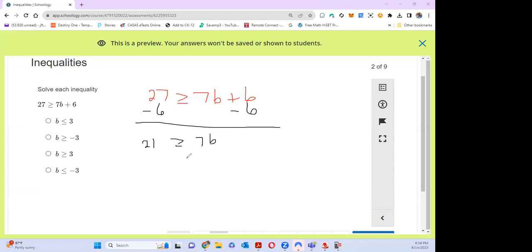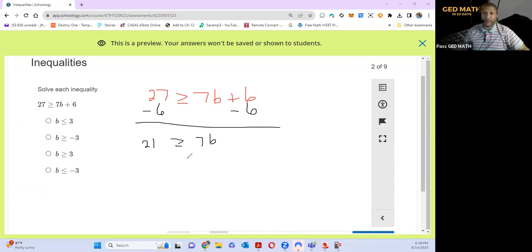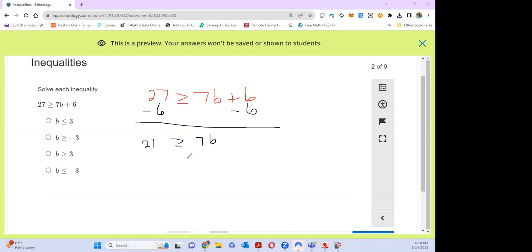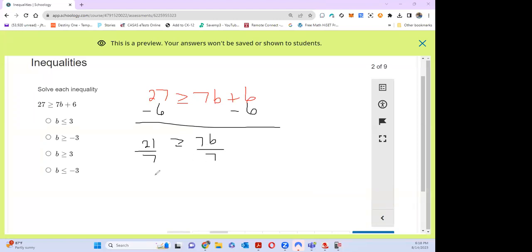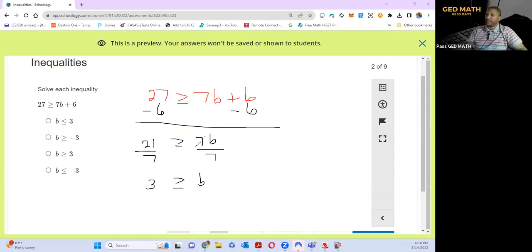So now I got 21 is greater than or equal to 7b. You should be asking yourself, b is still not by itself. How can I get b by itself? b is being multiplied by 7. What's the opposite of multiplying by 7? Dividing by 7. So I get 3 greater than or equal to b because the 7's cancel out. Does everybody understand that?